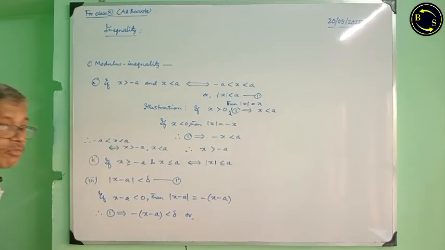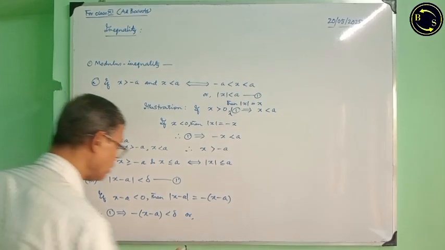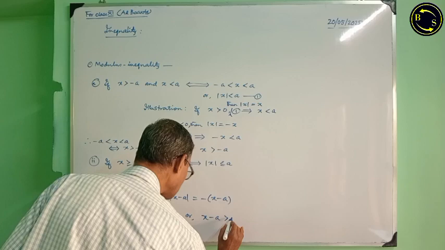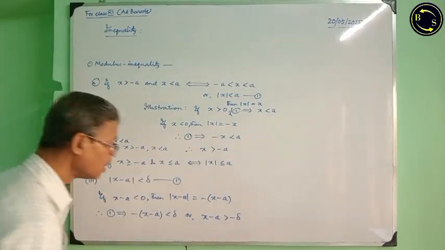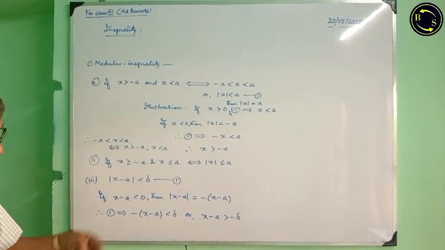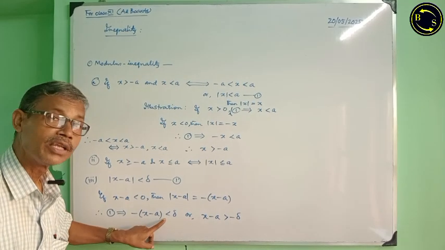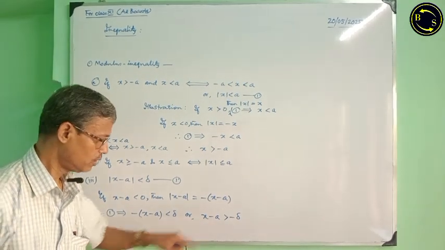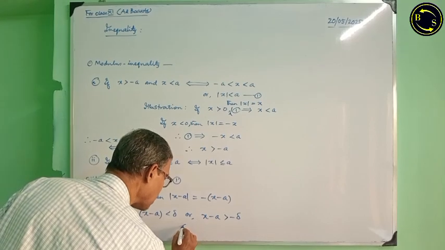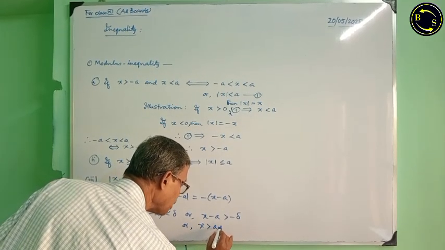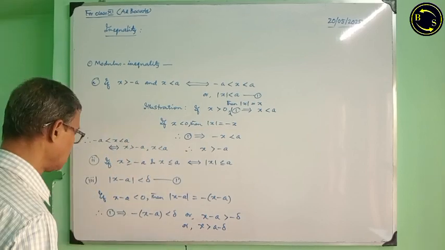Now, I multiply both sides by minus 1, then it will be x minus a greater than minus delta. Multiplying both sides by minus 1, then inequality relation will be reversed. From that, I can write x greater than a minus delta.